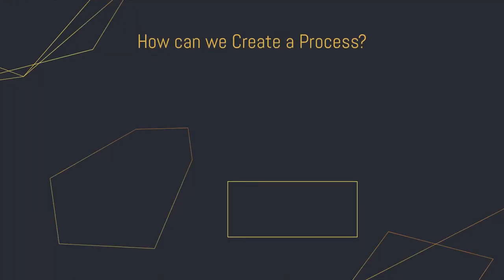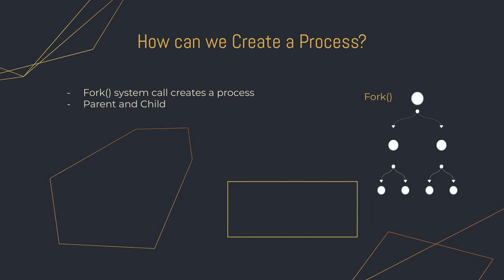Well, how do we create a process then? It's simple. We use the fork system call. Now this fork system call gives us two processes when we call it, the parent and the child. So if you see here, calling the fork produces two processes and every subsequent fork also produces two processes.